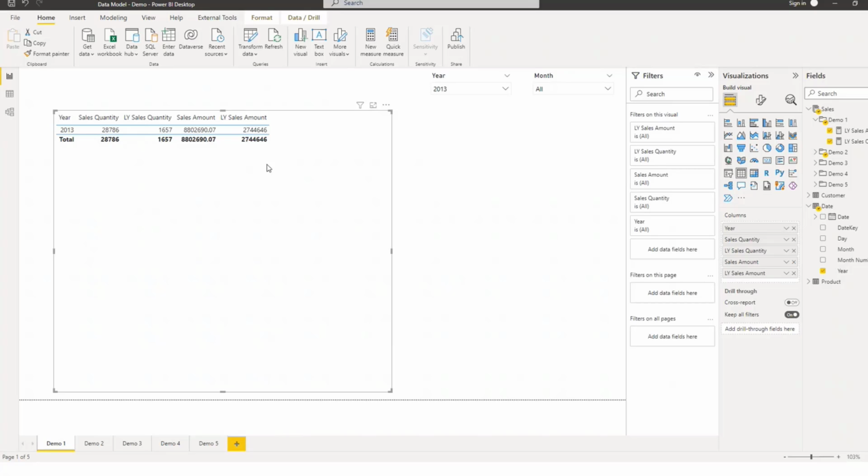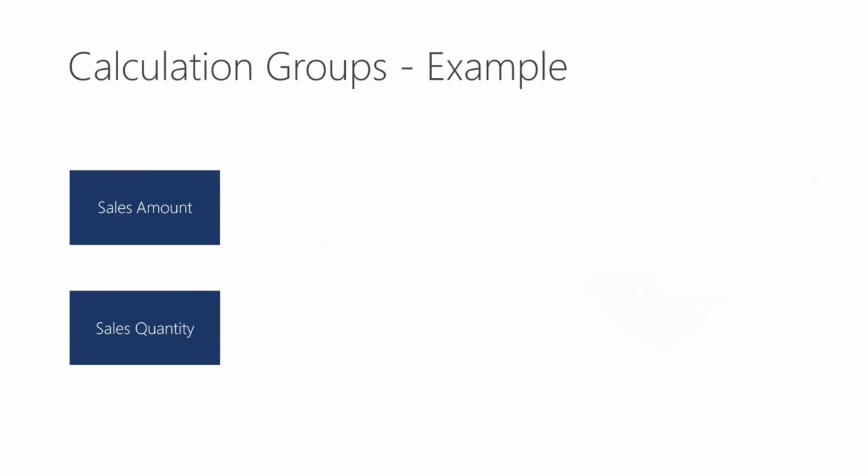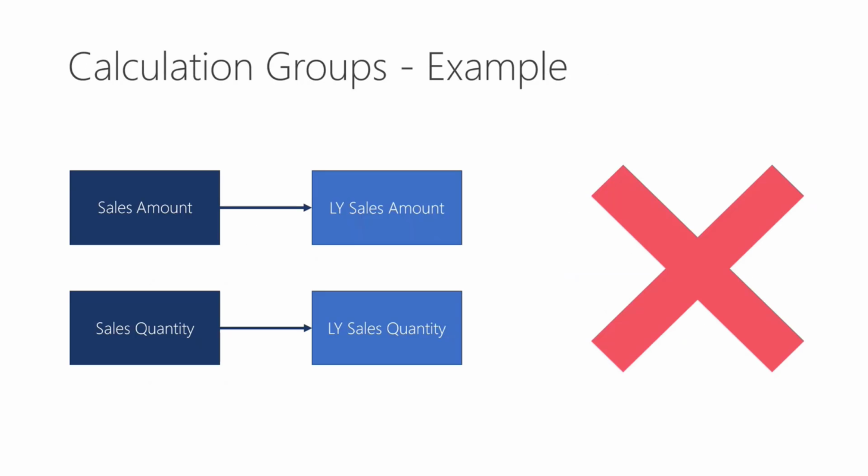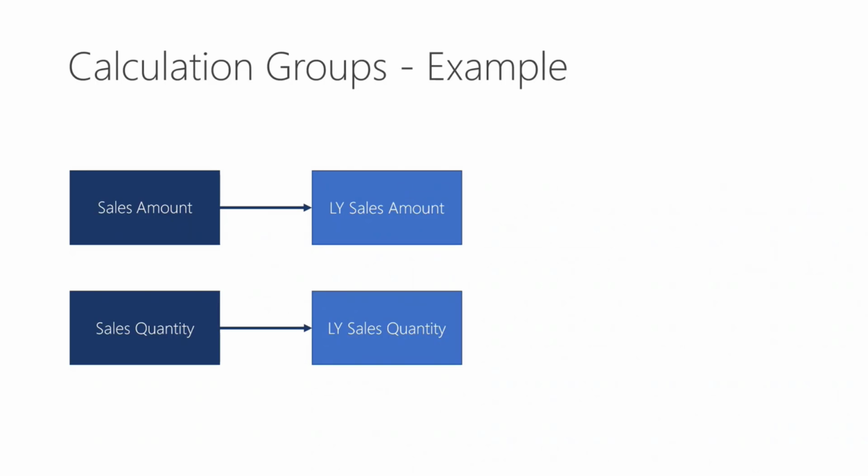So what was the change request that came up with the previous example? Let's head back into our presentation. The requirement was, as I told you, you have two base measures in a data model, sales amount and sales quantity, and the business users wanted to see the last year's sales amounts and sales quantities alongside the current year's sales amounts and sales quantities.